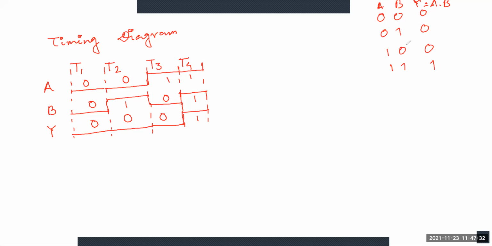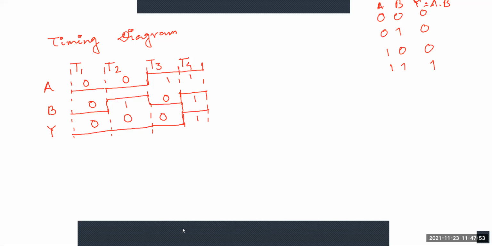So there may be some time difference for each combination. That's why we are now discussing the timing diagram, and from the timing diagram you can get one question in your exam.